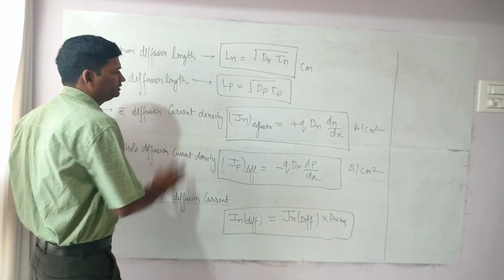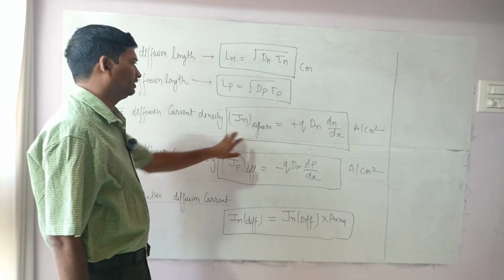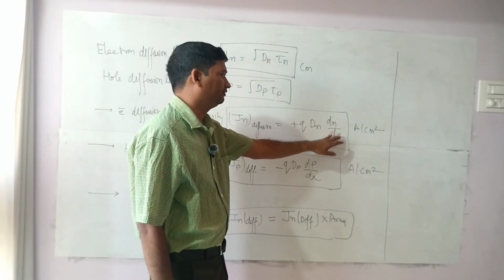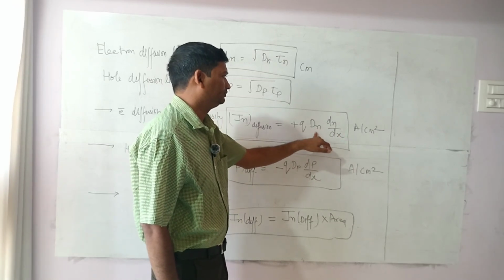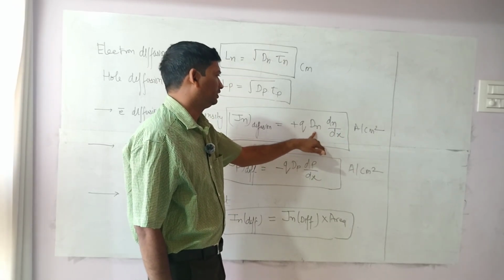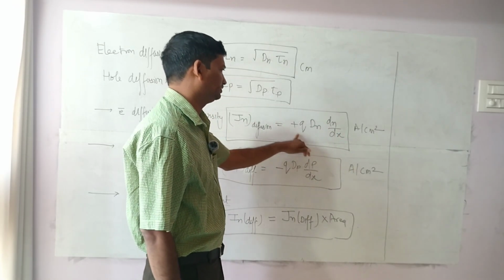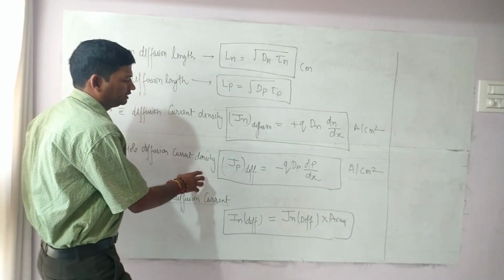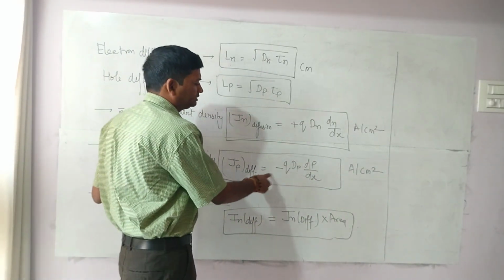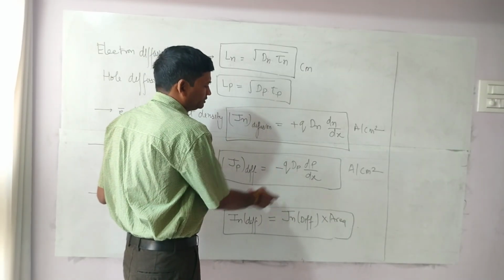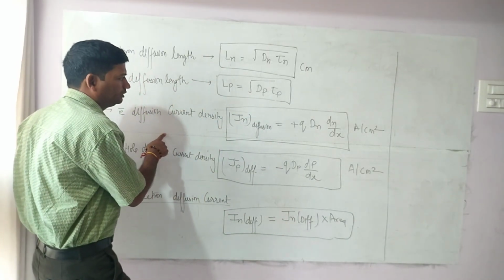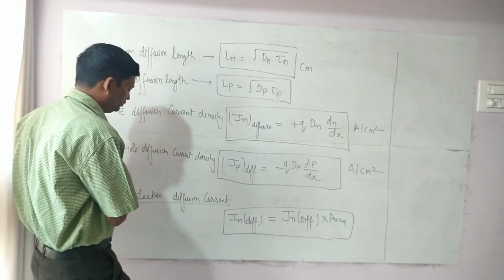Electron diffusion current density Jn diffusion is equal to q Dn dn/dx. This is the gradient, Dn is the diffusion constant for n-type materials, and q is the charge. So hole diffusion current density is Jp diffusion equal to minus q Dp dp/dx. So this is the electron diffusion current density and hole diffusion current density.